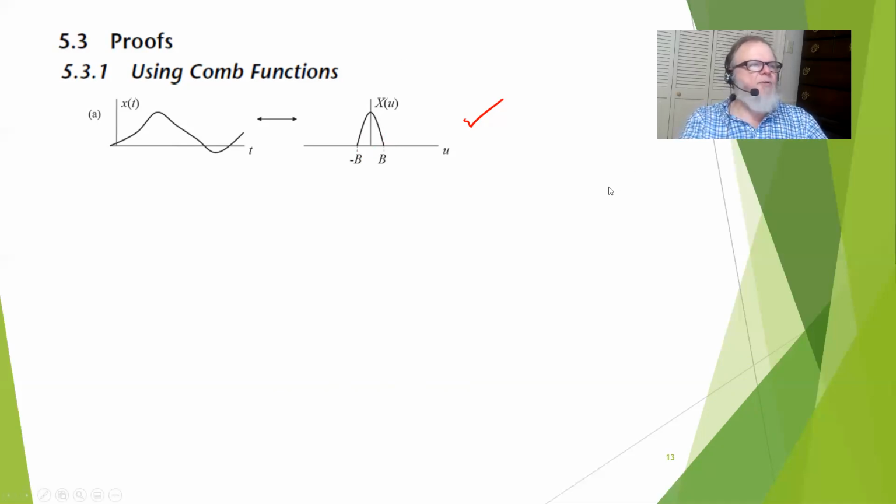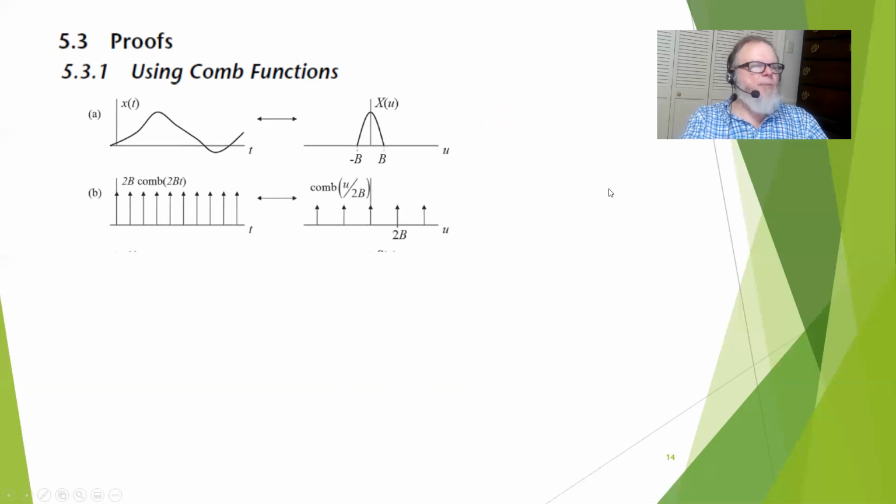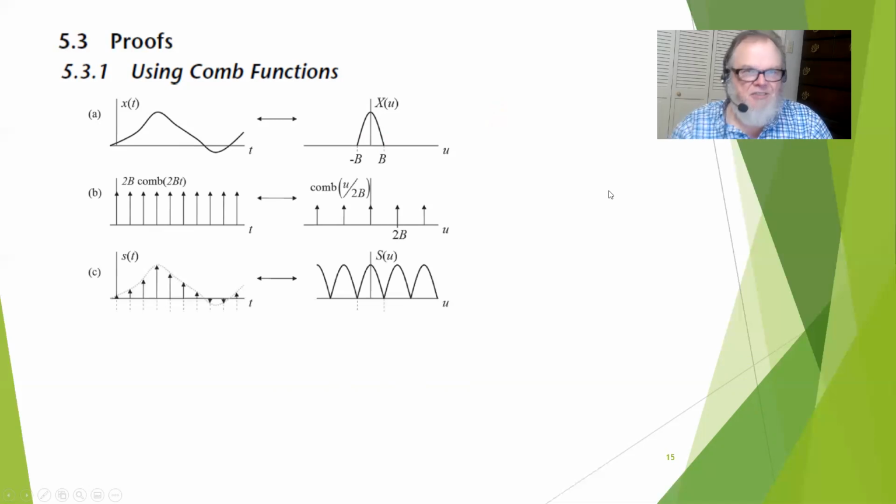Okay, here's what we're going to do. First thing we're going to do is multiply by a comb function. Why do we multiply by a comb function? Because that comb function multiplied by the original function just gives us the samples of the original function. So right now, don't pay any attention to the right, pay attention just to the left.